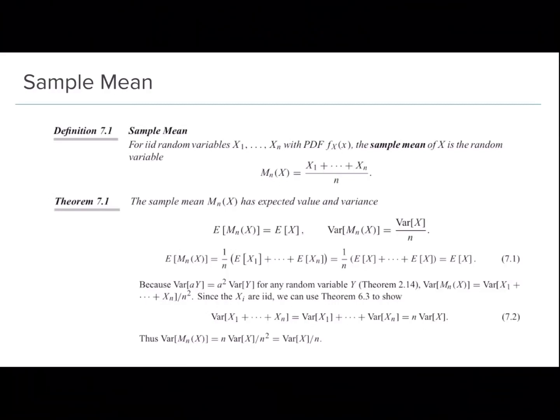Again, since X1 till Xn are IID, that will be equal to Var[X1] plus Var[X2] till Var[Xn], and each of these has the same variance, Var[X]. So the numerator becomes n times Var[X], and the variance of Mn(X) becomes n times Var[X] divided by n squared, which is equal to Var[X] divided by n. Right.